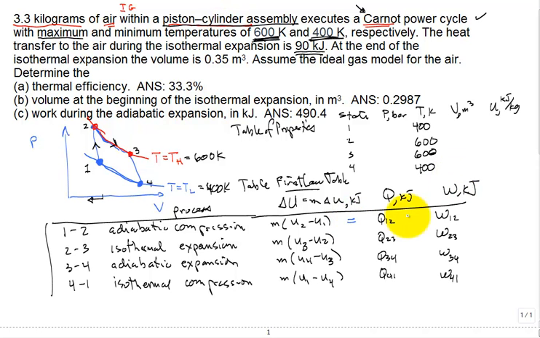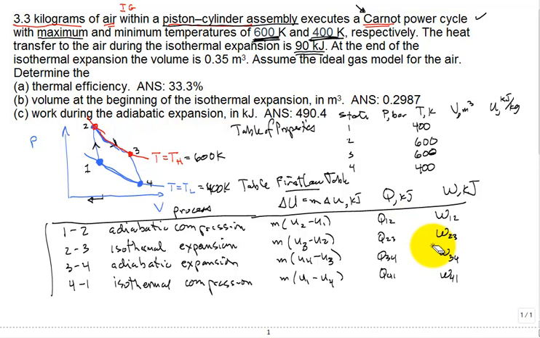The change in U for the process 1 to 2 is equal to Q1 to 2 minus the work 1 to 2. And then the first law for the second process from 2 to 3, and so on. But I don't put those in the table. That's why I put the table like this, so I know what's going on.